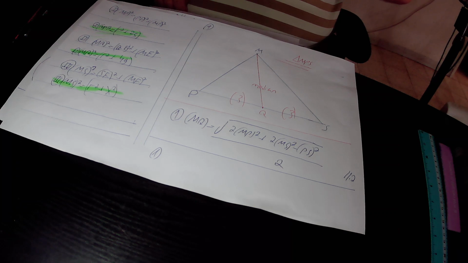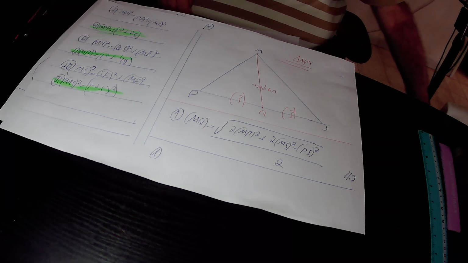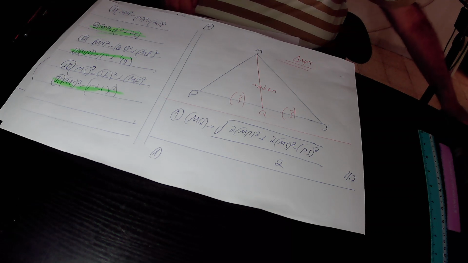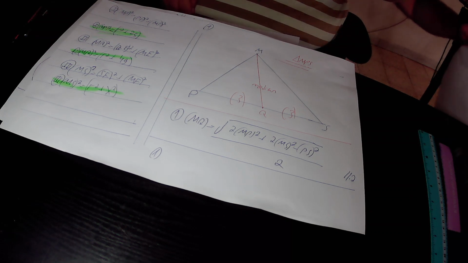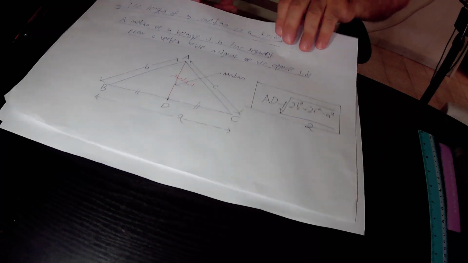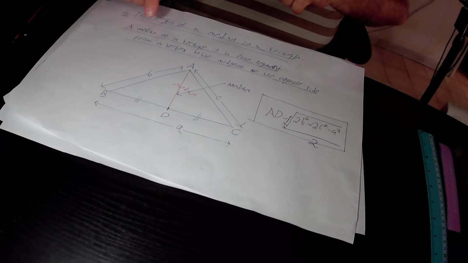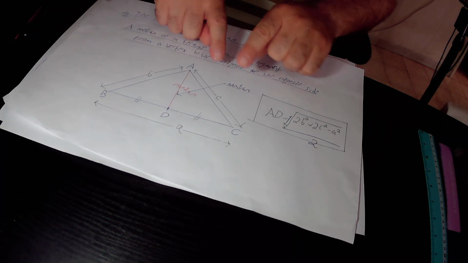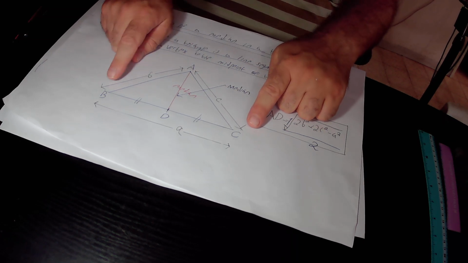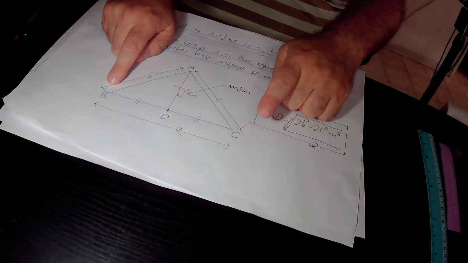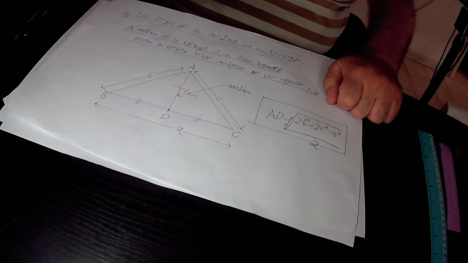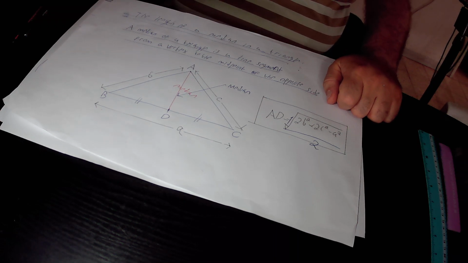But the question is, what is the length of the median MQ? Actually, we have a special formula for the length of the median. According to the special formula, here we have triangle ABC. Side AB equals c units in its length, side AC equals b units in its length, and side BC equals a units in its length. AD is the median of this triangle ABC.